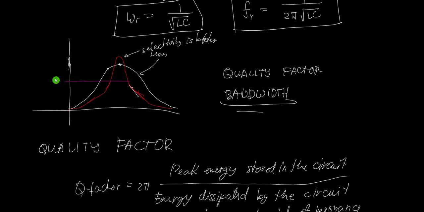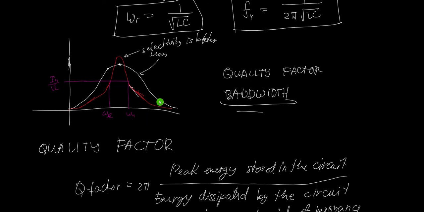So this is the current at half power, and that's just equal to I maximum divided by square root of 2. The frequency here and here, so there are two frequencies. We can call this one the lower frequency, omega L, and this one is the upper frequency, omega U.